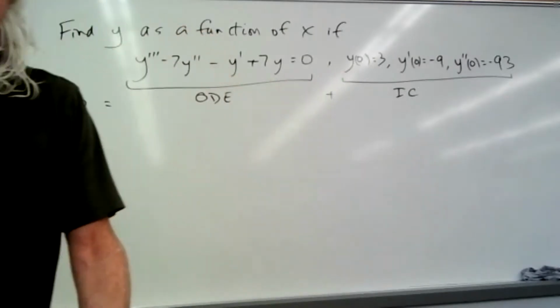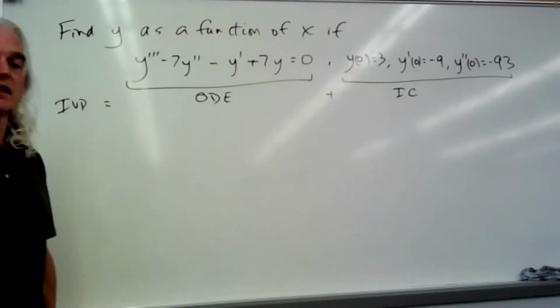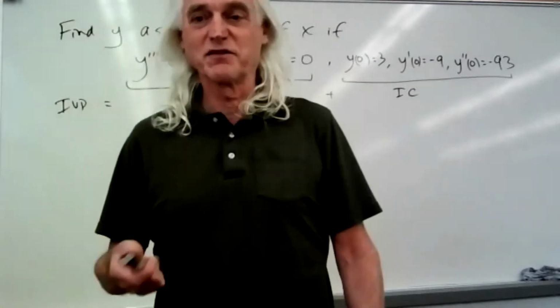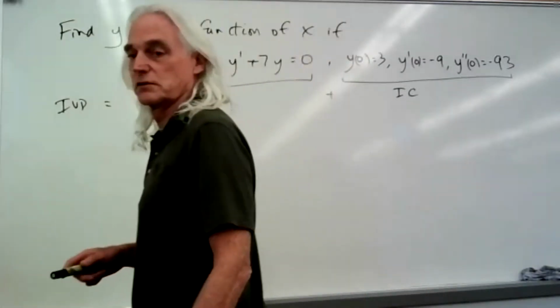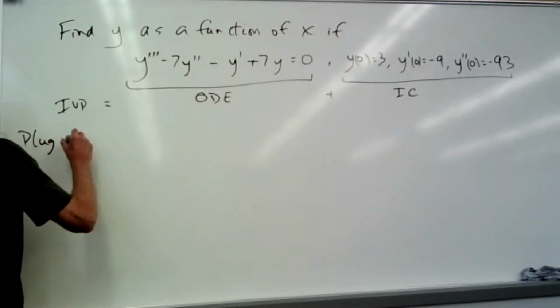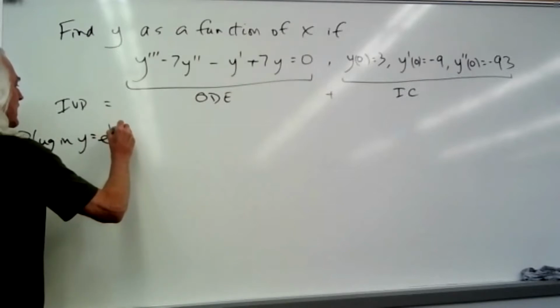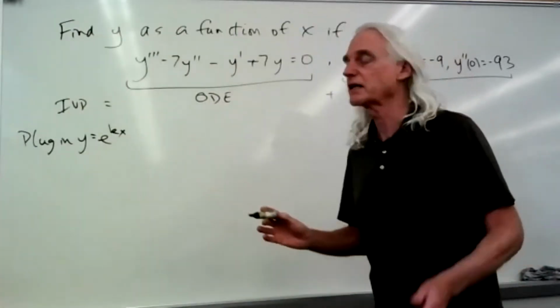All right, so the first thing we're going to do, because this is a linear homogeneous ODE with constant coefficients, we say that a lot, is write down the characteristic equation. You might remember you plug in y equals e to the kx, and some people plug in e to the rx.